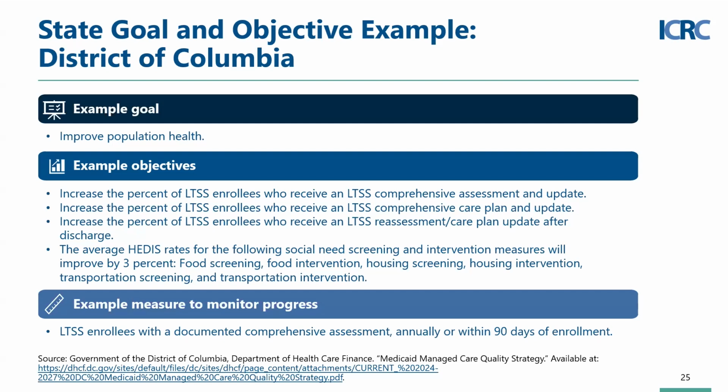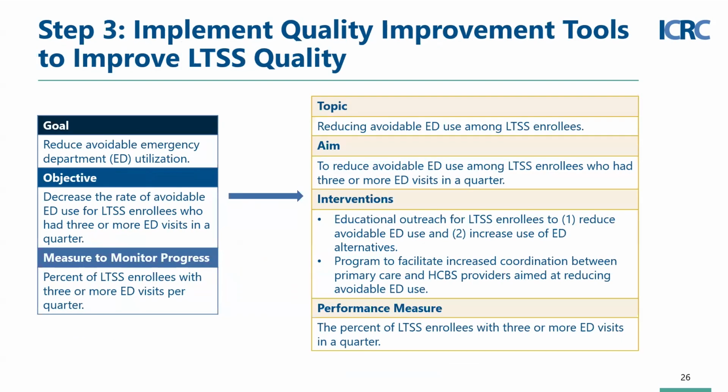Slide 26, please. After the state develops LTSS goals and objectives, the state should implement quality improvement tools such as PIPs or requirements for D-SNP models of care with specific topics, aims, interventions, and performance measures that align with the associated goals and objectives.